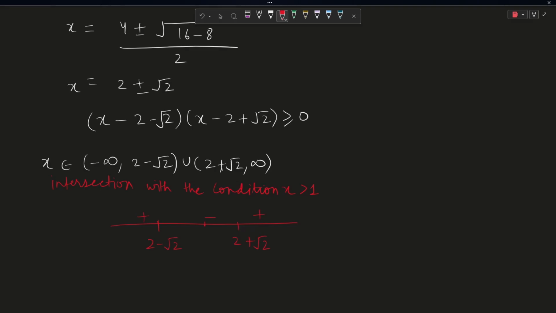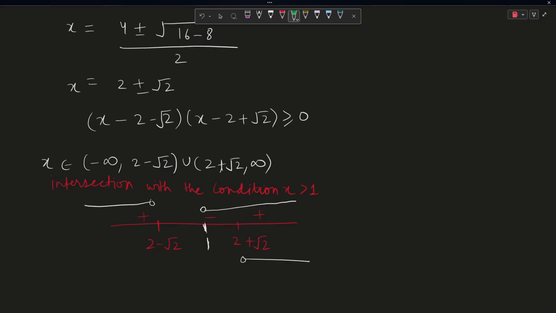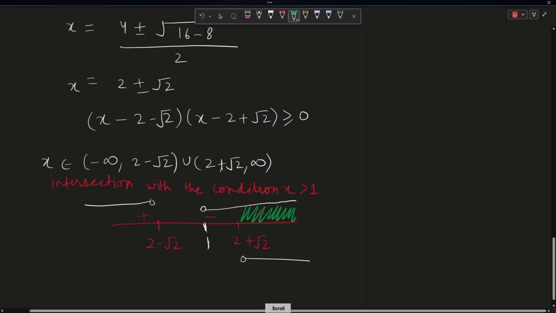And now if I want to take the intersection, I will include 1. We know that the x must be greater than 1, so the values of x greater than 1, and here these values. Now the obvious intersection which is being shown is this.